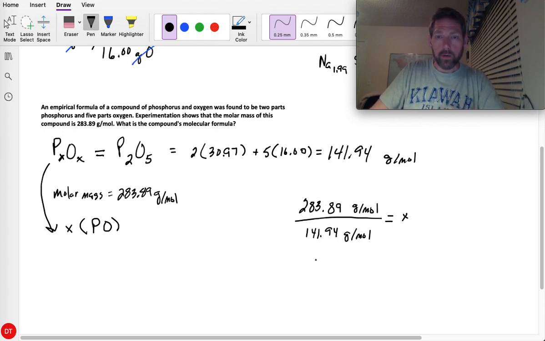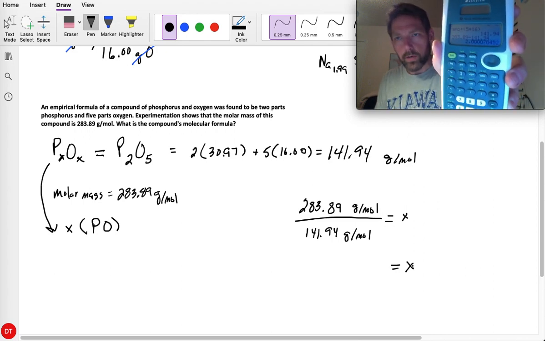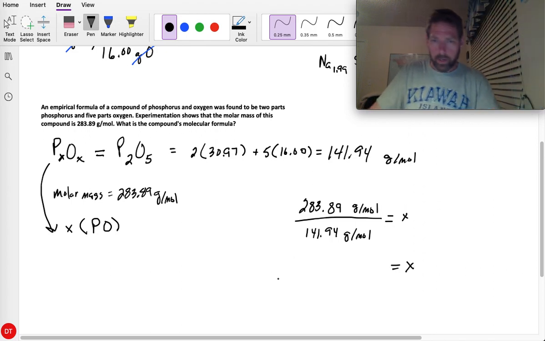Okay, so now if we divide this out right here, 283.89 divided by 141.94, you see that you get 2 with a whole lot of zeros, right? So that's 2.0000, finally 704, right?